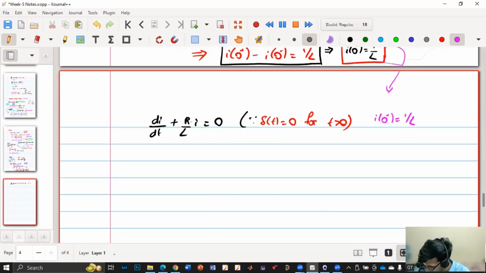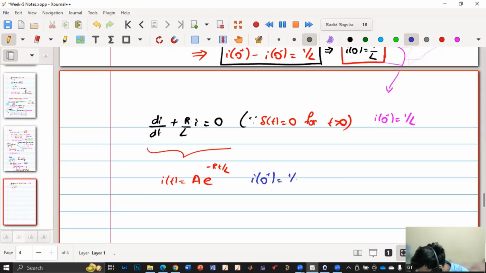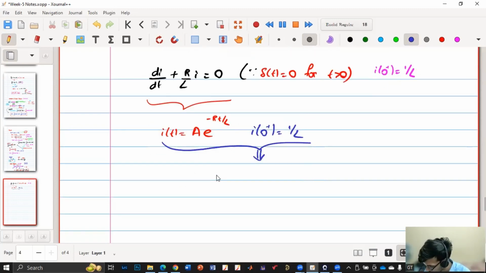And we know the output is I of t is equal to some constant a times e to the power minus Rt by L. And I of 0 plus is 1 by L. So using these two at t equals 0, if we substitute, we'll get the impulse response, which is, for a given impulse, the output, here the current, I of t is equal to 1 by L e to the power minus Rt by L.